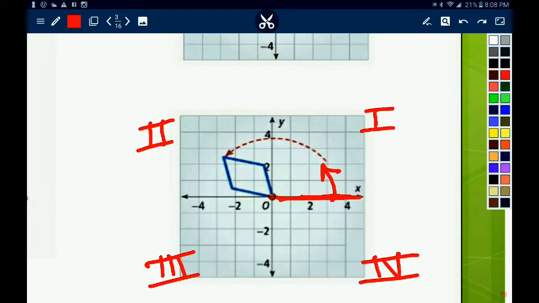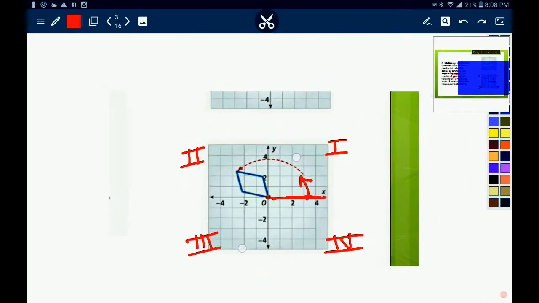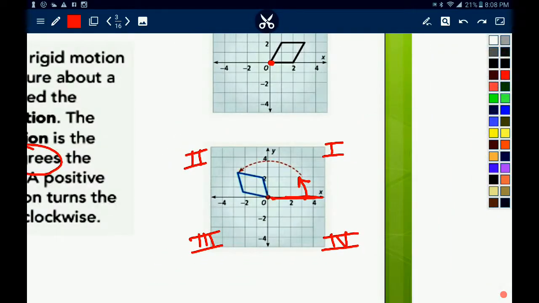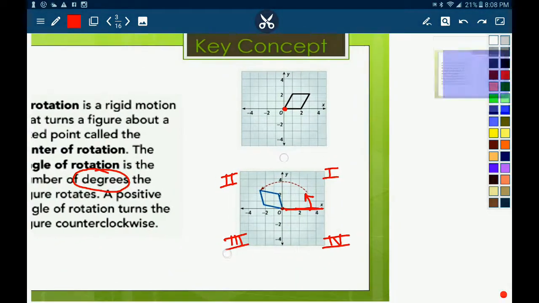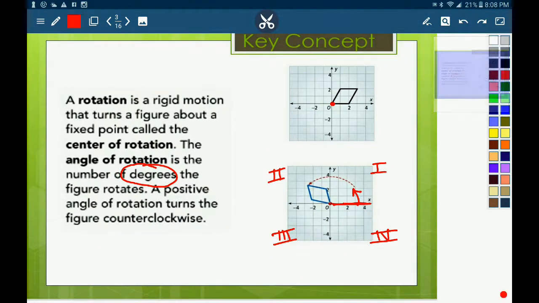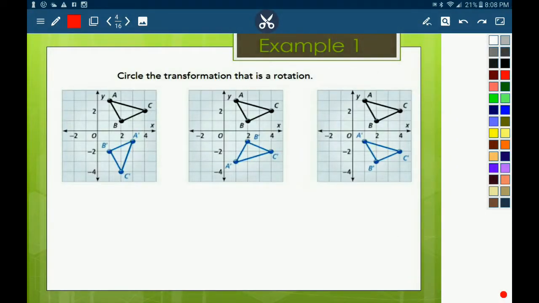That's why counterclockwise is how we're going to be rotating angles. You can rotate things clockwise, but if it's not specified, you have to assume that you're going to be rotating it counterclockwise. So let's take a look at the first example.